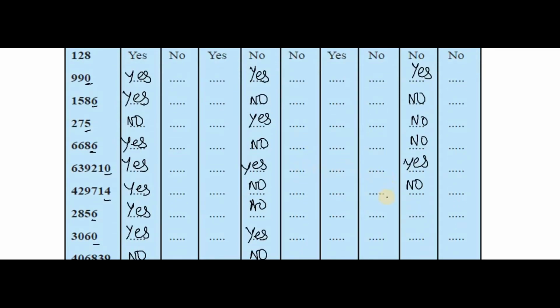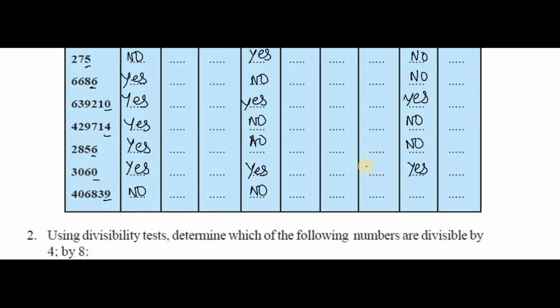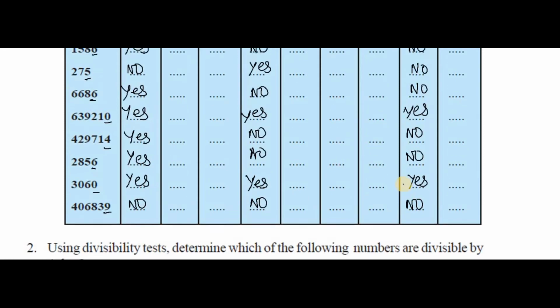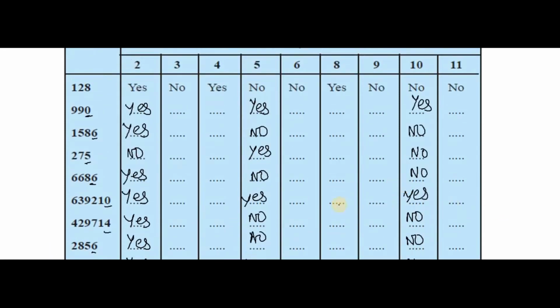If a number is divisible by 10, then the number is divisible by 5, because the rule of 5 is either 0 or 5. But the numbers which are divisible by 5 are not divisible by 10. Either 0 or 5 in the ones place makes it divisible by 5, but for 10 it should be only 0.